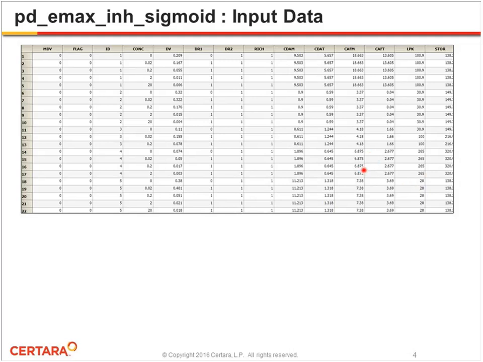What we need to focus on are 3 columns. First the ID column that's differentiating between the patient samples, concentration, the drug concentration that was applied, and DV, the dependent variable, which is the actual effect.